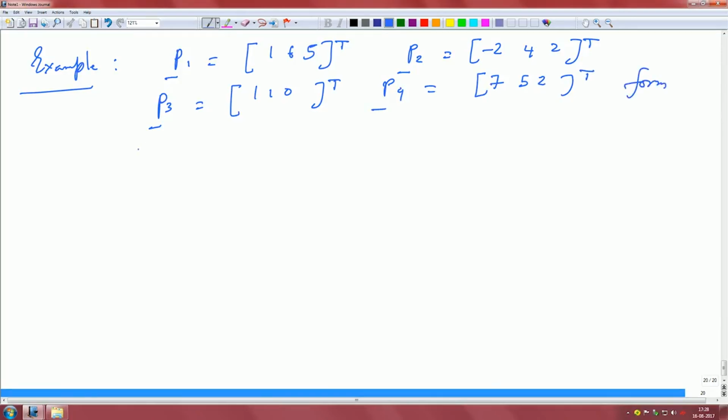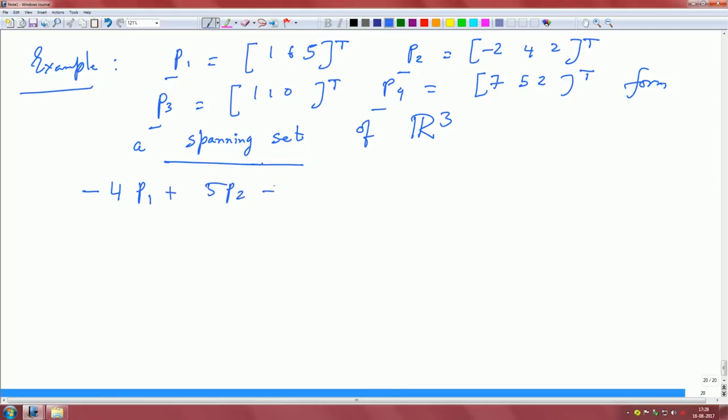They form a spanning set of R3, and you can just verify, -4 P1 plus 5 P2 minus 21 P3 plus 5 P4 is 0.